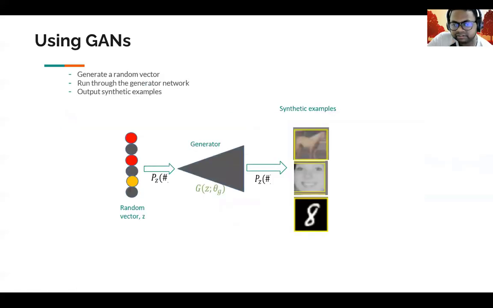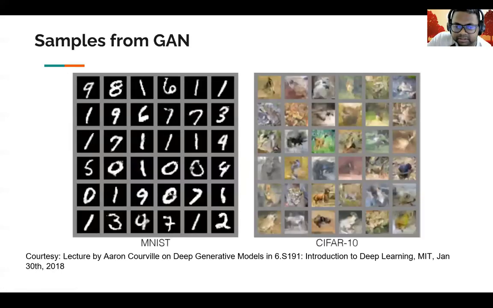Once we have trained a generative adversarial network, you can sample random vectors z, and from those random vectors you can get synthetic, realistic looking images. Some of the examples are shown here. Here are the results obtained from the MNIST dataset, and this is for the CIFAR-10 dataset.